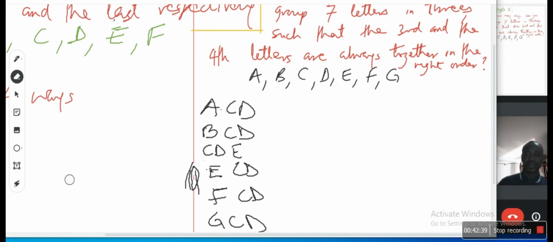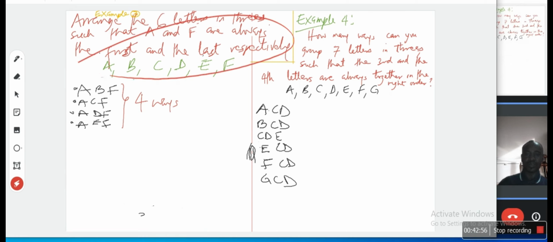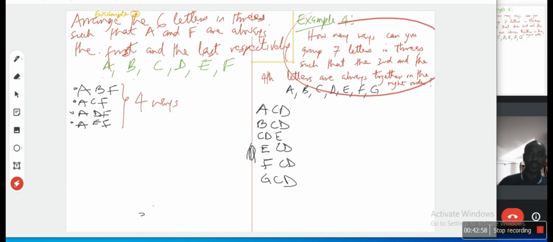Since this is also conditional, I want to let you know that all these ones are conditional permutation and combinations. Example number 3 is conditional permutation. Example number 4 is conditional combination.